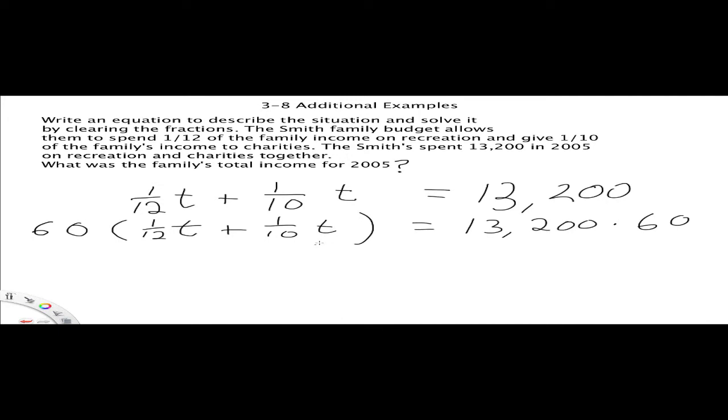But in doing this, I can go ahead and look at what I'm going to get when I divide these things, and I think it's going to be relatively straightforward. So let's see, 60 divided by 12 is 5t, plus, well, 10 goes into 60 6 times, so that's 6t.